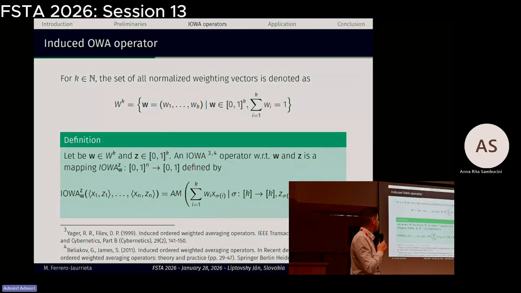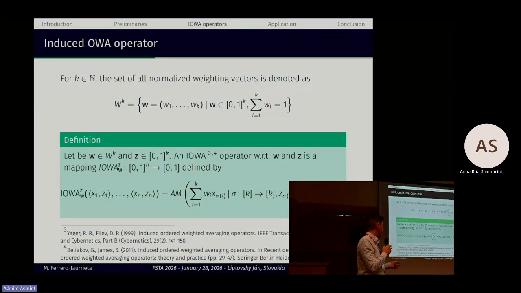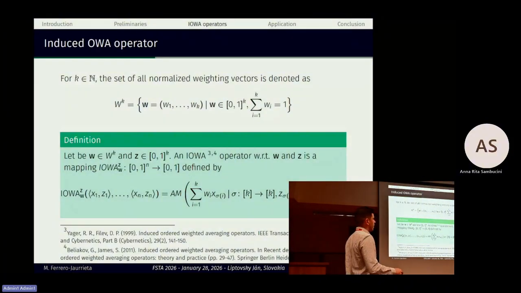The IOWA operator is defined in the following way, where the values that we are aggregating are the x_i's, and they are ordered according to the inducing values.